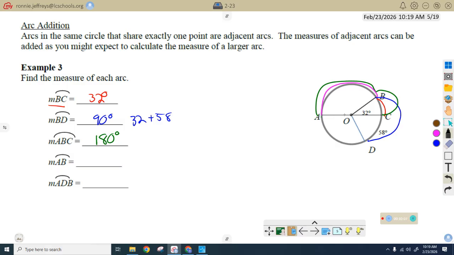Well, let's think about it. If this is 180 degrees from here, AB would be 180 minus 32, which would be 148 degrees.